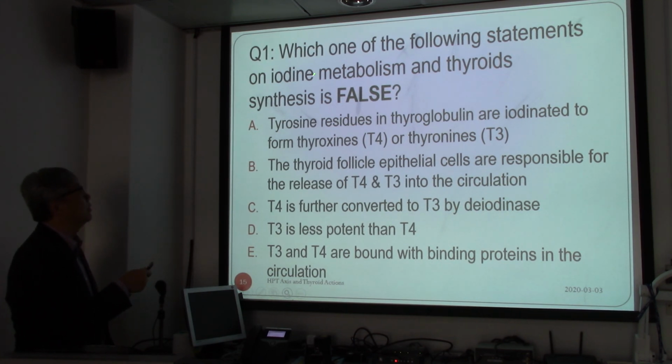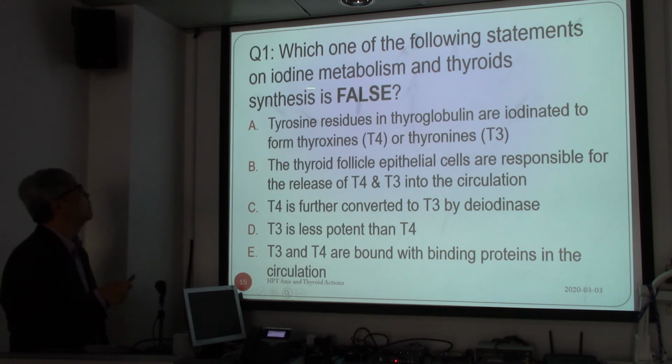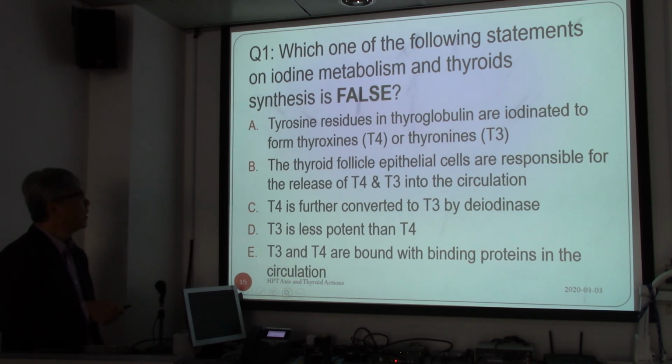This is a multiple choice question with 5 answers. Which one of the following statements about iodine metabolism and thyroid hormone synthesis is false? A, tyrosine residues in thyroglobulin are iodinated to form thyroxine, T3 and T4.